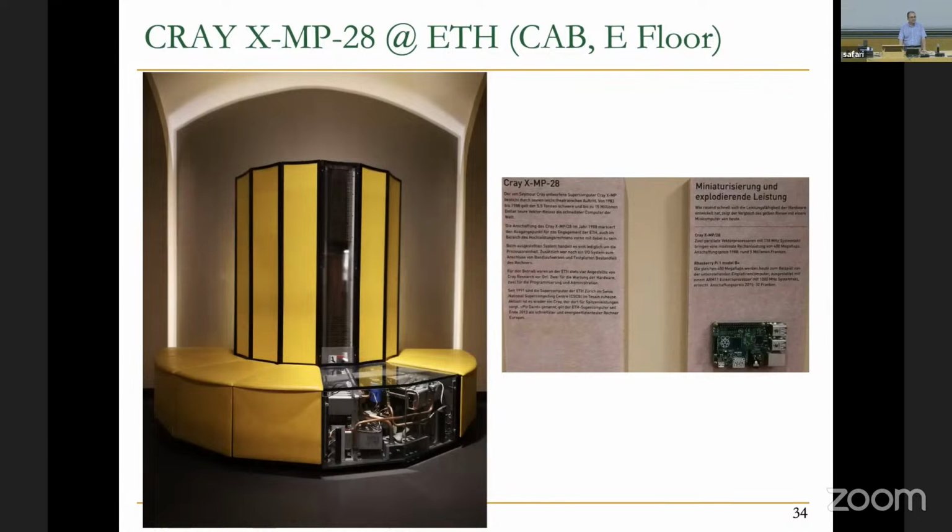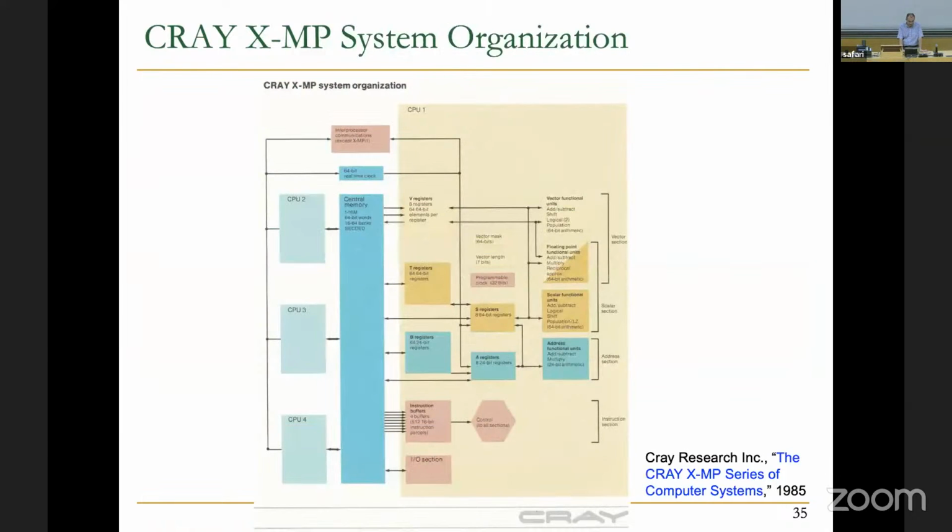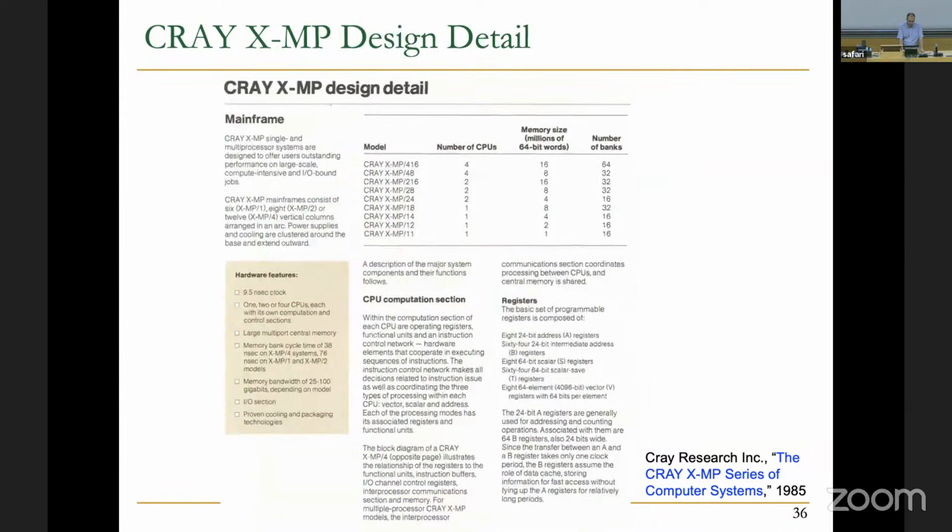Maybe you have already sat on this couch and had discussions. This was one of the supercomputers of the past. This is the overview block diagram of the Cray XMP. I'm not going to cover it at all, so you can check it, along with some design details, if you're interested. These are just optional material.